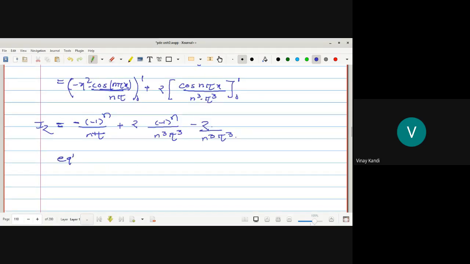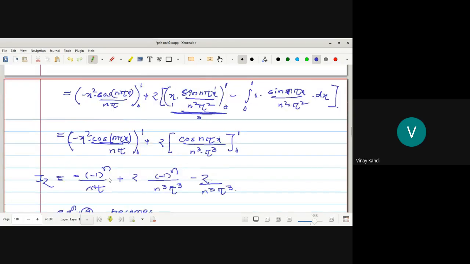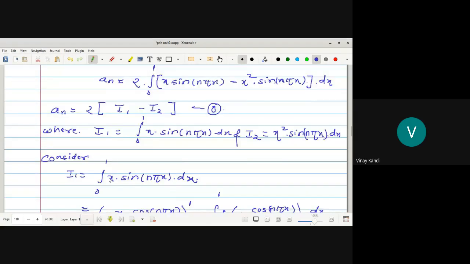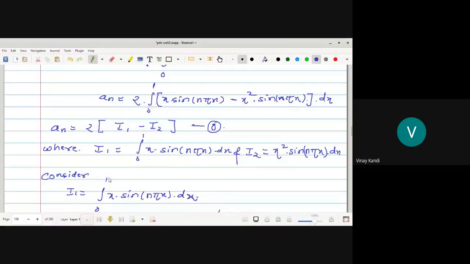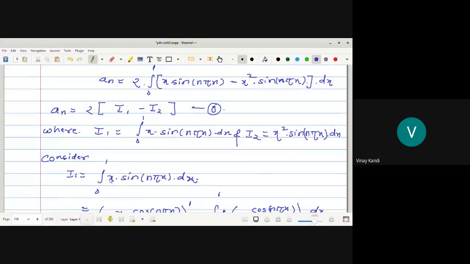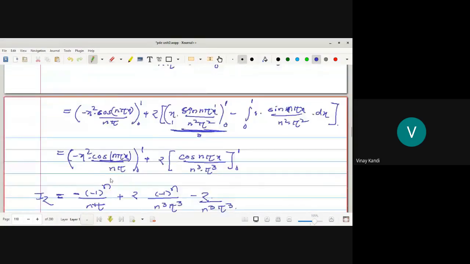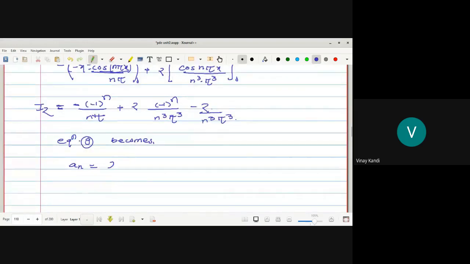So equation 9 becomes, okay, that is the value of an is equal to, काय होता value of an, 2 into I1 minus I2. Okay, now put the value of I1 and I2.